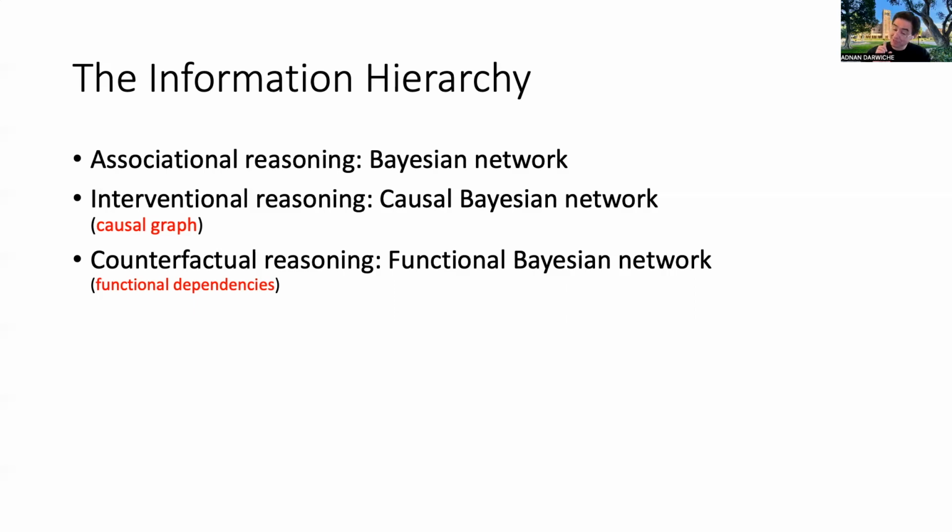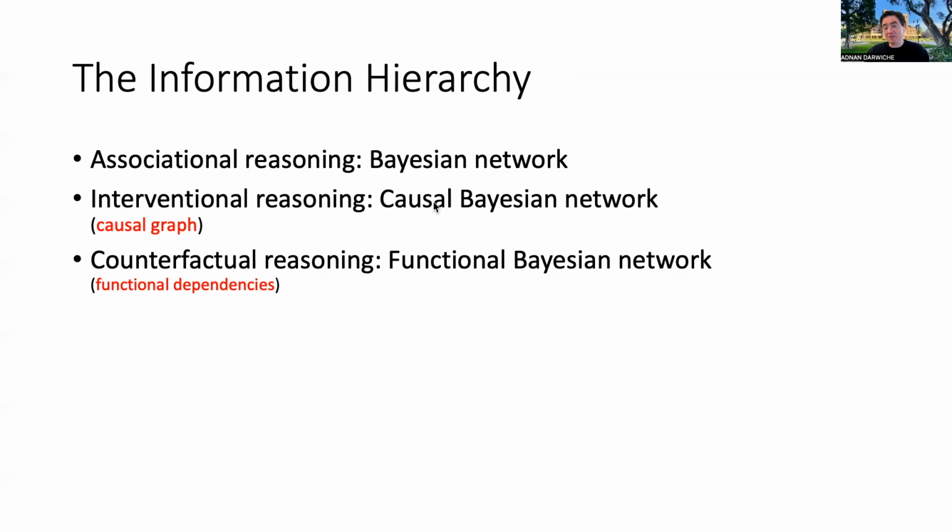Now, but to start, I want to stress again this notion of an information hierarchy because, again, as I said, it's not stressed enough. Parallel to the reasoning hierarchy, associational, interventional, counterfactual, there is what kind of information you need for each: Bayesian network, causal Bayesian network, functional. Once more, here, all I need from the graph is to have the right independence assumption, and therefore it induces the right distribution.